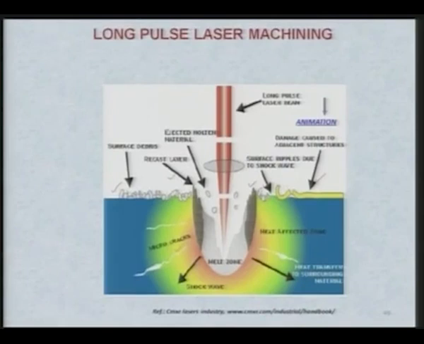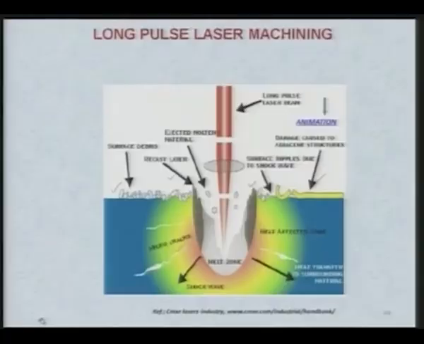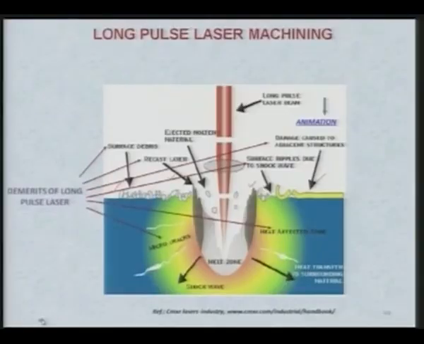Apart from that, you can clearly see here micro cracks are there, and heat conduction is definitely there, which raises the temperature gradient inside the workpiece. So, these are some of the defects which are really not good as long as machined hole or machined material is concerned. They are not desirable. So, these are the demerits.